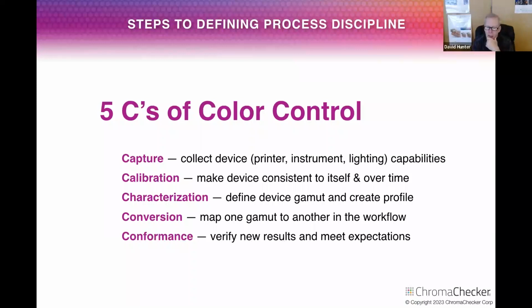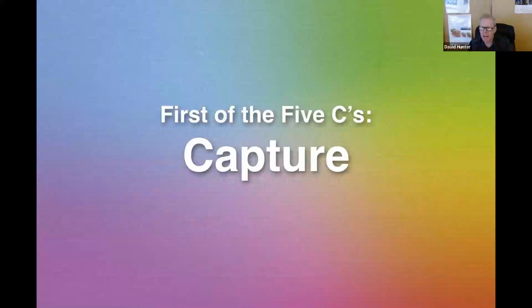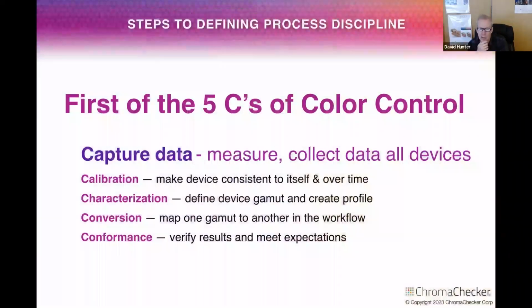So we'll talk a bit about conformance today, because without conformance, you don't know whether or not the calibration is doing what you want it to do. You don't know if the device that you're capturing data from is doing what you want it to do. So conformance is a key aspect of all of these variables, and it's something that we've taken a great deal of effort to quantify and define, as you'll see as we start talking about the first C, which is the capture C in terms of the 5 C's.